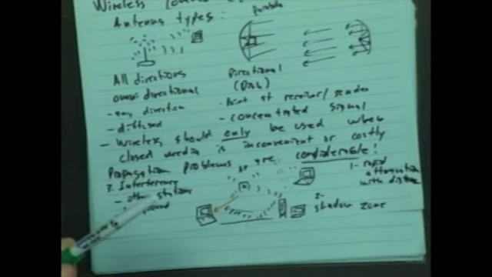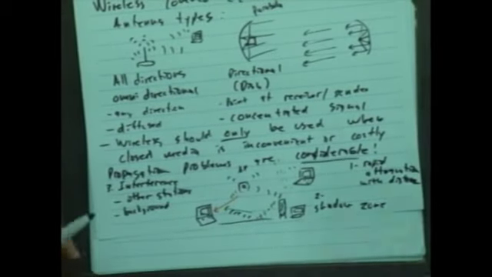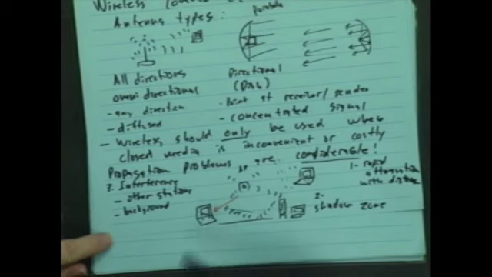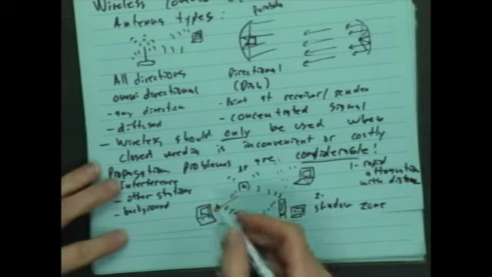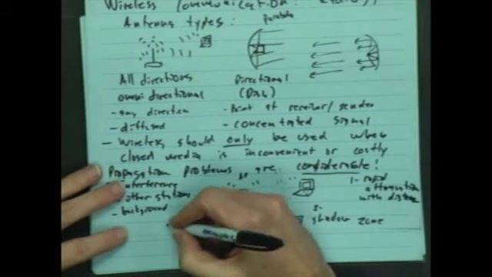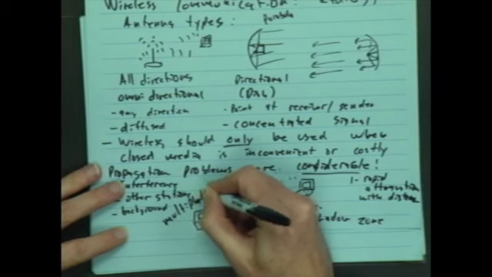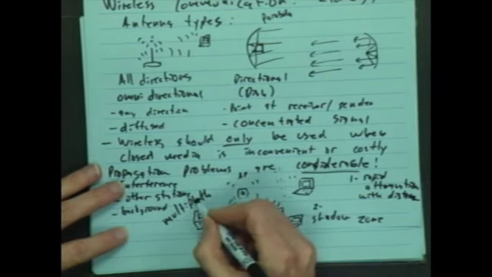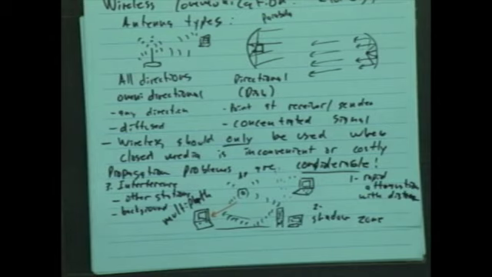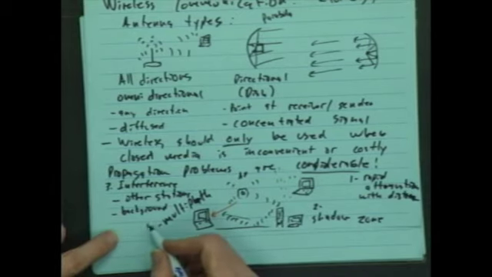And since the one arrives later than the other, it can interfere with the original or the stronger first signal. Okay? This here is called multipath. So that's number 4, multipath.